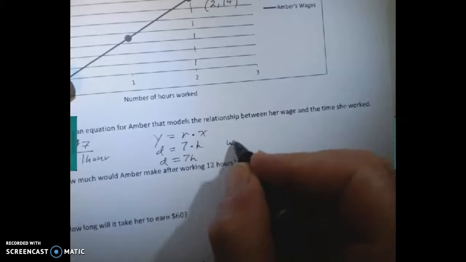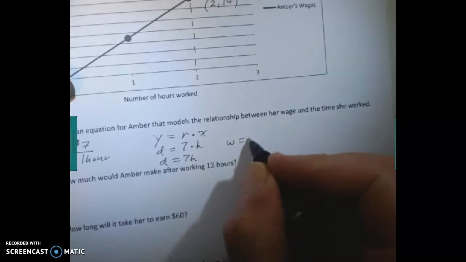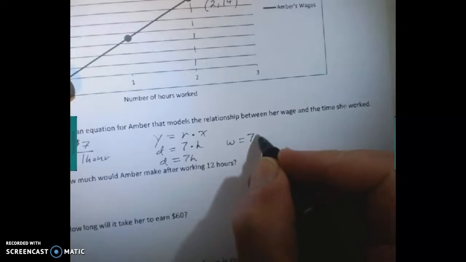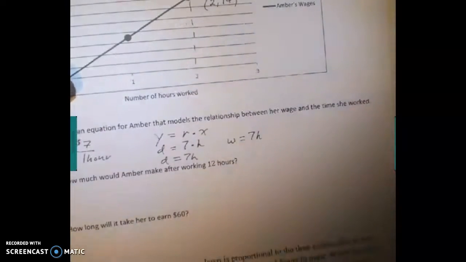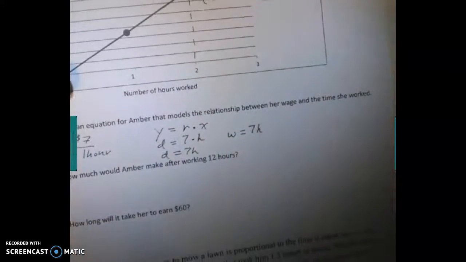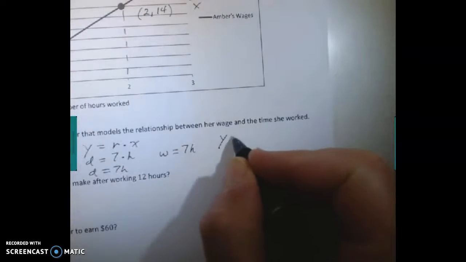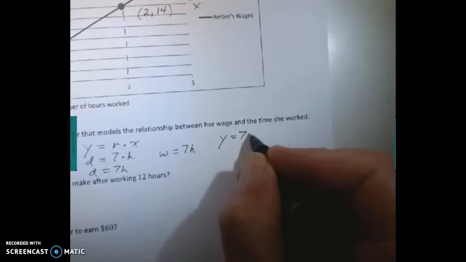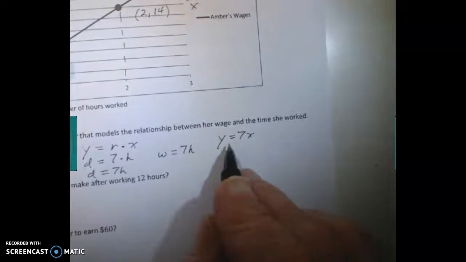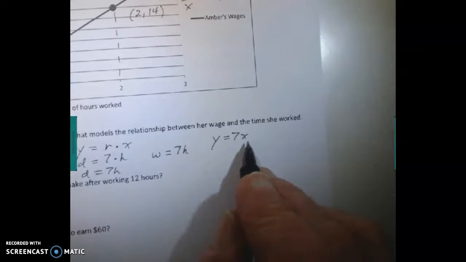Or I think in the answer key it's going to say it as the wages is equal to 7 times the hours worked. Either way. The only thing is, if you are going to write it as y equals 7x, you need to say what y is, you need to say what x is.